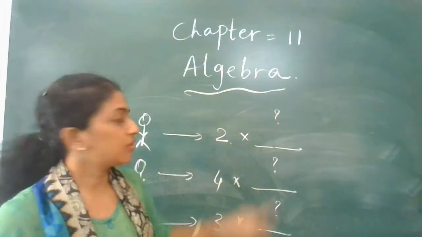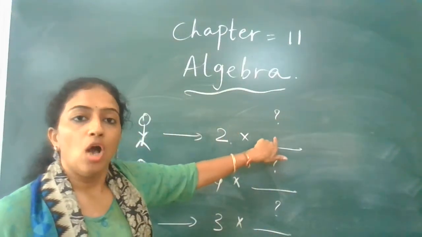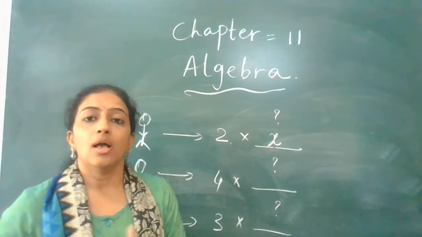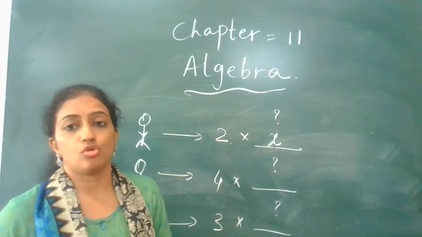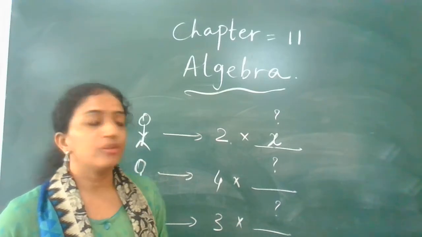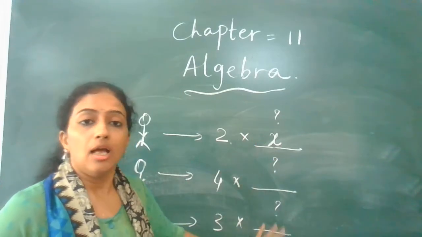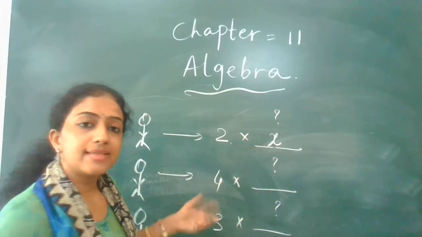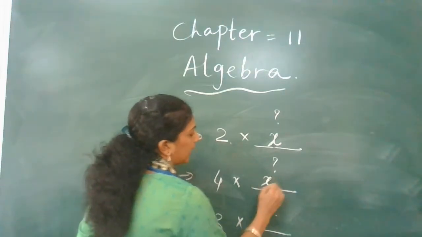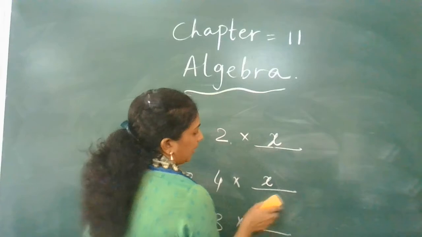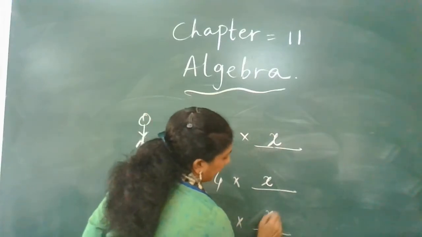So can I use a variable for this? Suppose I take x here. I don't know the amount of the book, so for me the amount of the book is x. As they are all buying the same book, here also x, and here also x.